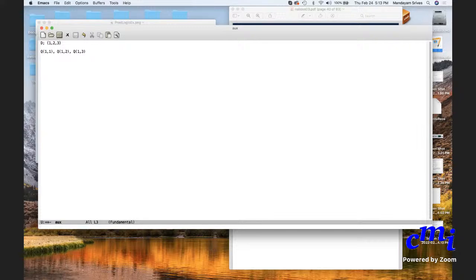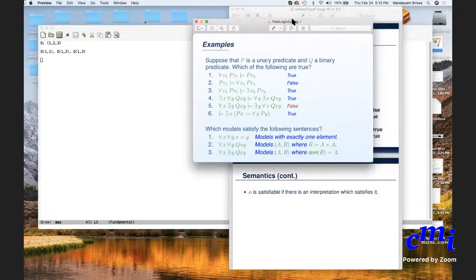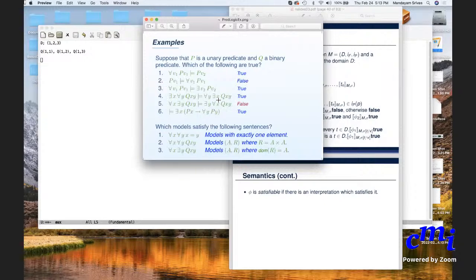Agree? Yes, sir. What does the right side require? The right-hand side says for every Y in the domain, there must be an X such that QXY is true.